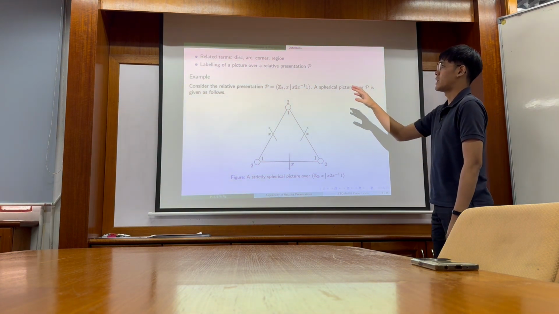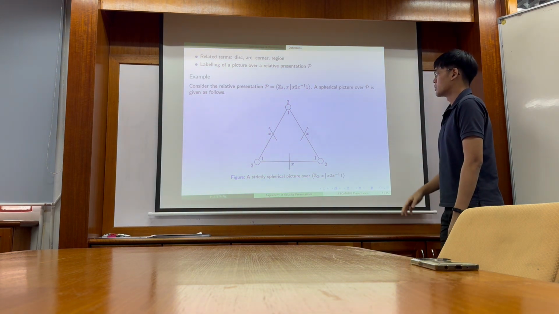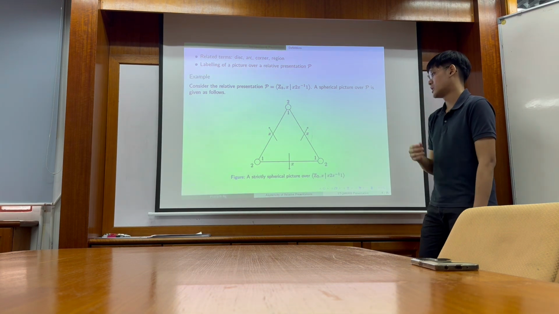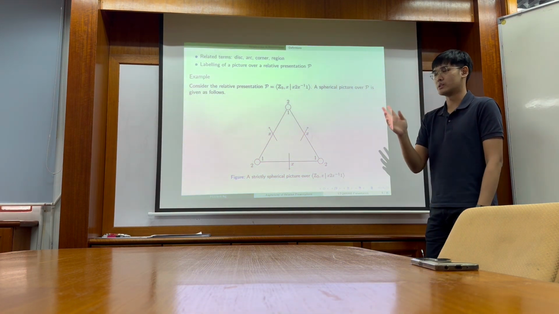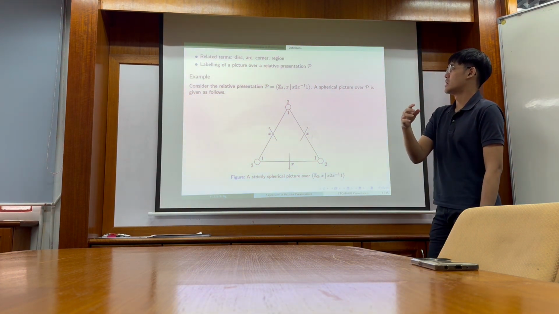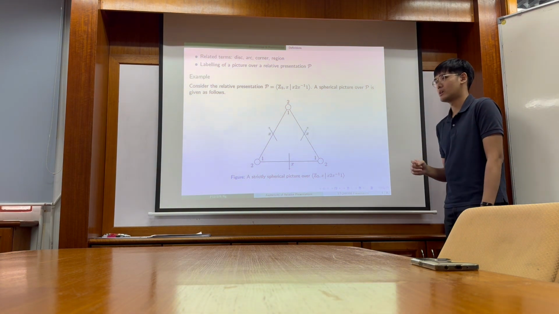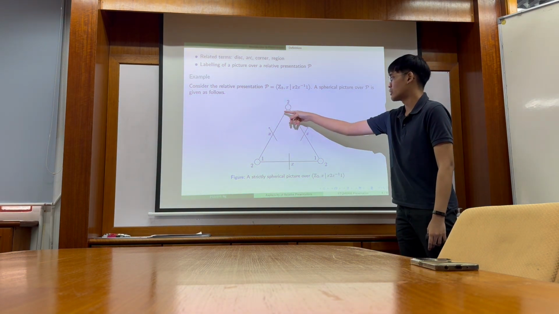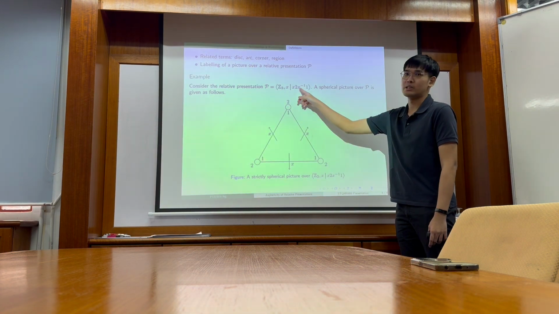And now we will talk about how we label a picture over a relative presentation. So we label the corners by the coefficients, the elements of group H, and we label the arcs using the X-symbols with an arrow indicating its direction. And we say that a picture is over a relative presentation if 2 conditions are satisfied. The first one is if we read the labels around a disc in anti-clockwise order, we obtain the relator in the relative presentation.